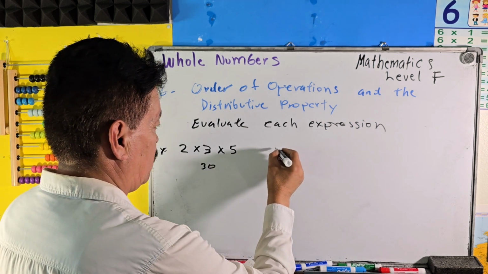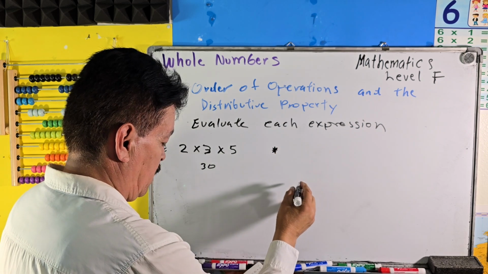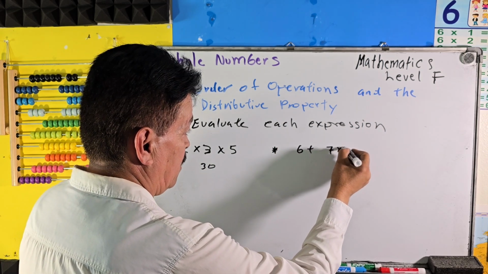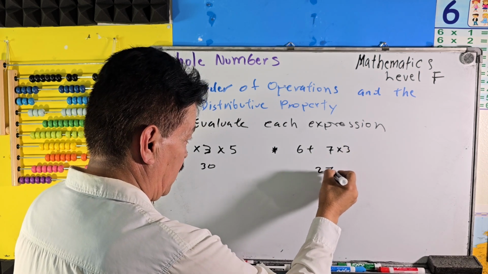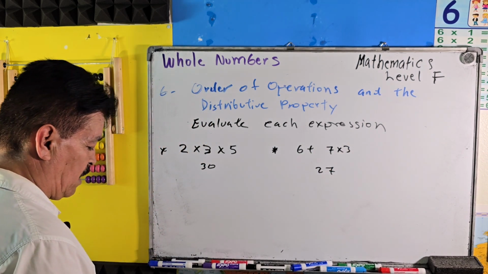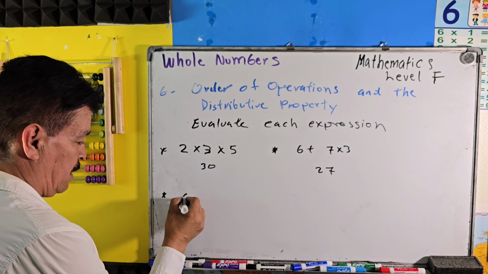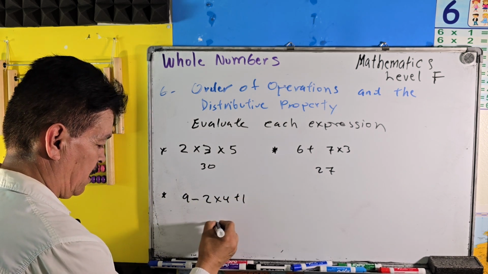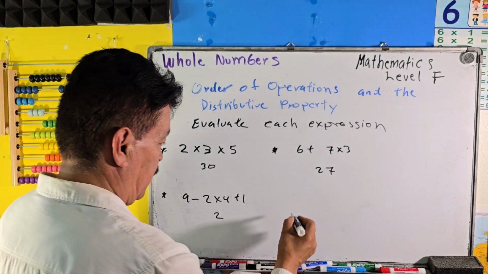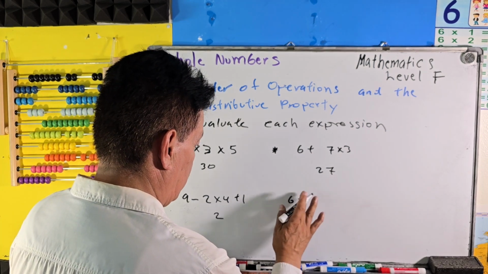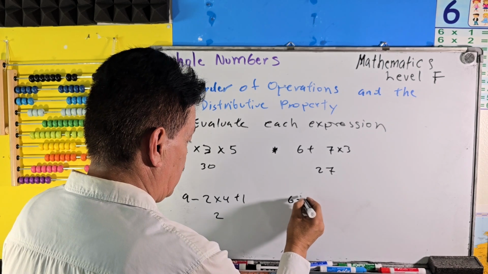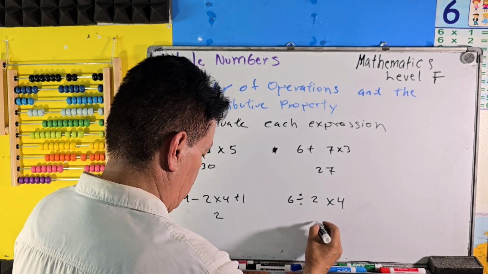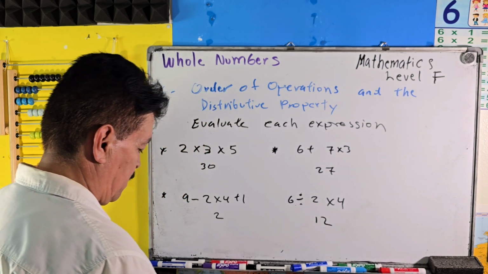Next, 6 plus 7 times 3, and then 27. That's the answer. This one, 9 minus 2 times 4 plus 1, here we have 2. And then 6 divided by 2 times 4, here we have 12.